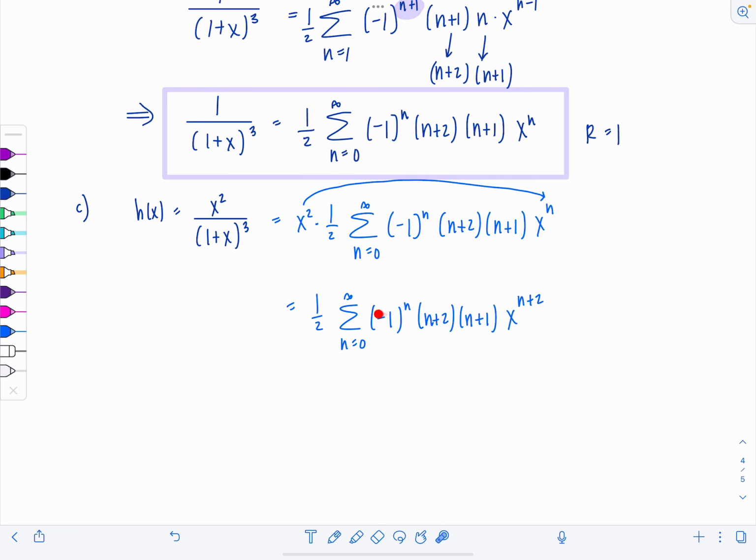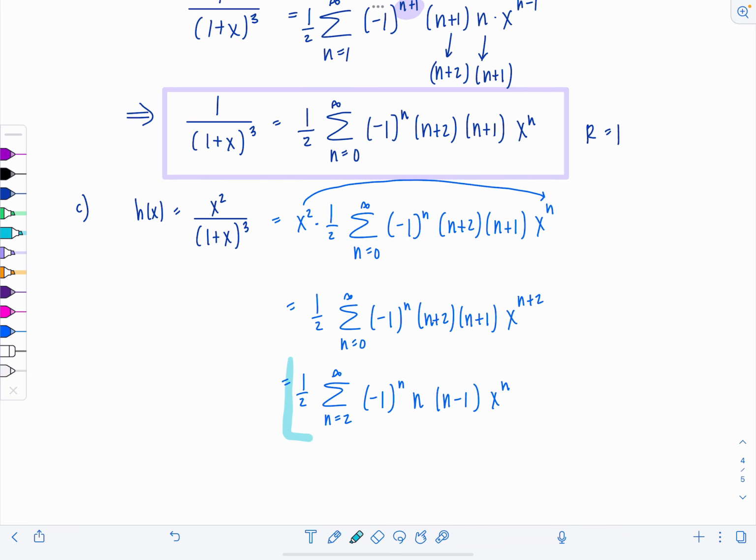So if I want these to go down by 2, this needs to start 2 higher. So now I'm going to start at n equals 2. I know, kind of wild, huh? And then negative 1 to the n minus 2 is also the same as negative 1 to the n. And then n plus 2 becomes n plus 1 becomes n minus 1, and then we have x to the n.